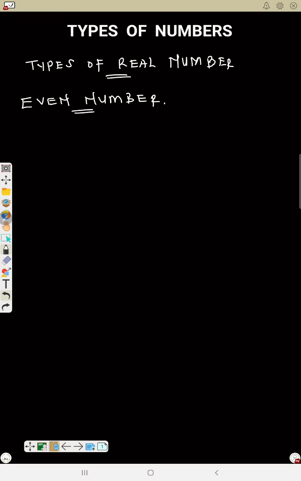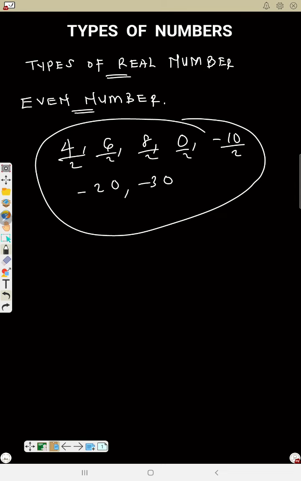That is, divisible by 2 without a remainder. For example, 4, 6, 8, 0, minus 10, minus 20, minus 30. All these are even numbers. Why? Because if you divide everything here by 2, it will not have a remainder. So that is an even number.